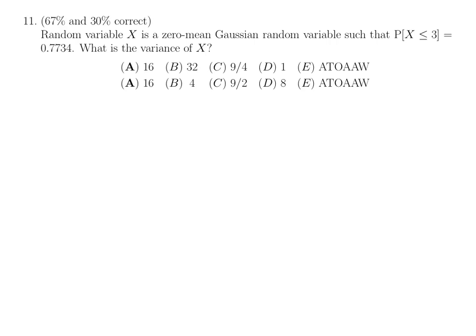The first thing to note is that x is 0 mean, so mu x equals 0. And then the second thing is the probability x is less than or equal to 3. This is maybe what makes the problem a little bit difficult, that I didn't tell you that you have to give a name to sigma x.